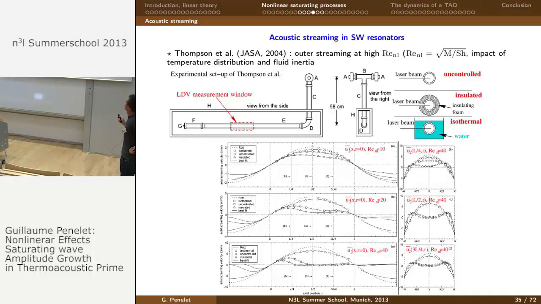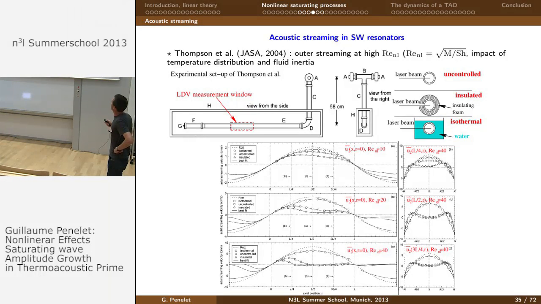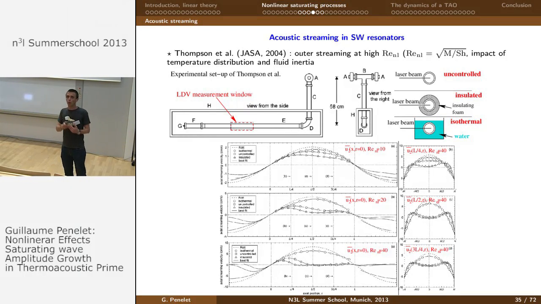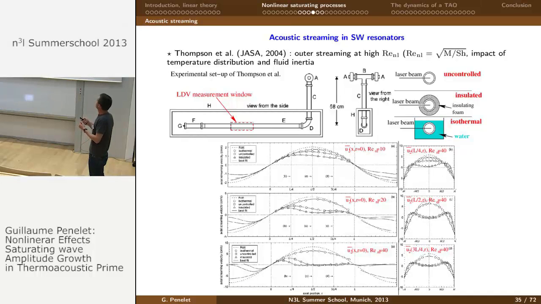They have shown that if we increase the acoustic level, we have a strong difference between experiments and theory, and they have also shown that the thermal condition applied to the wall impacts the spatial distribution of acoustic streaming, as we can see in these 3 different curves. So finally, the temperature distribution as well as inertia effects impact the distribution of acoustic streaming.